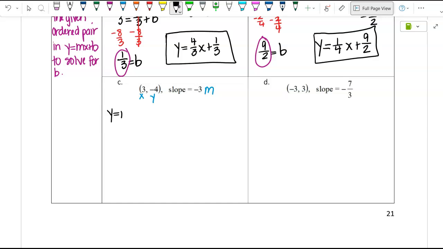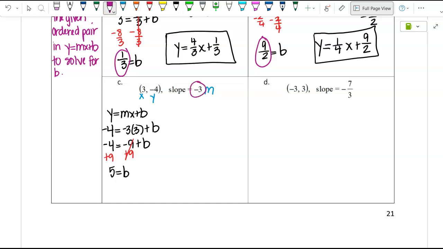So y equals mx plus b. -4 equals -3 times 3 plus b. So -4 equals -9 plus b. Add 9 to both sides. And you get 5 equals b.